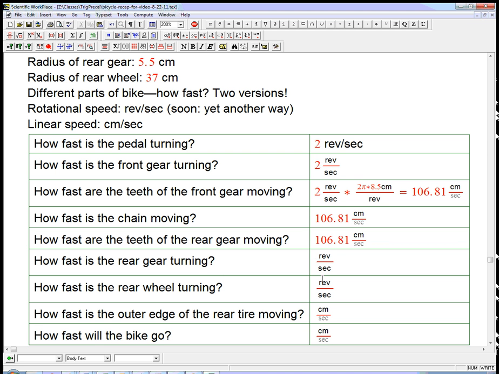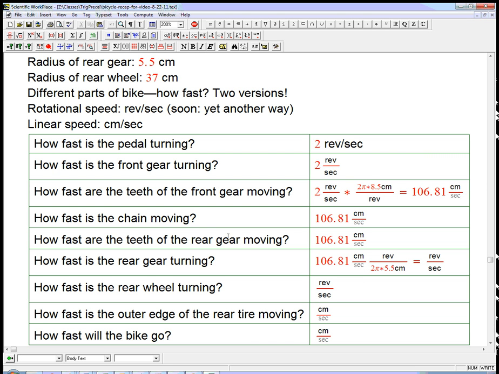Well, now we just have to do that in reverse. So we take 106.81 centimeters per second. Now we have to do the reverse of this conversion. So 1 revolution, to get revolutions per second out, we've got to take that, and that's going to be 2 pi, let's put that in math mode, 2 pi times 5.5 centimeters. Because now we're talking about a different wheel. How fast is the rear gear?